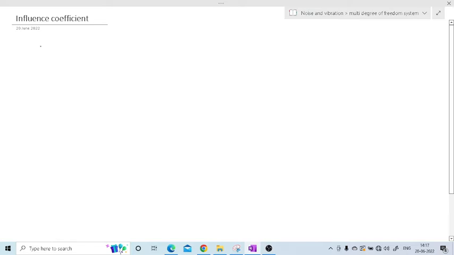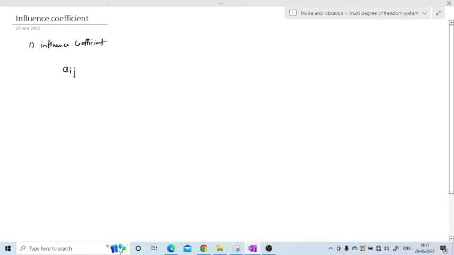This influence coefficient is expressed by the symbol Aij. Now what is meant by this Aij?